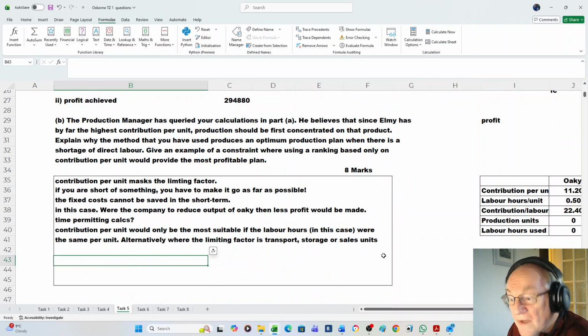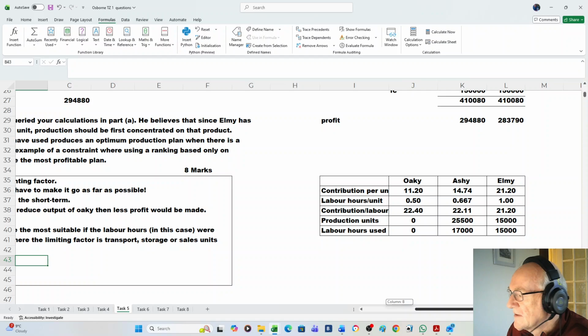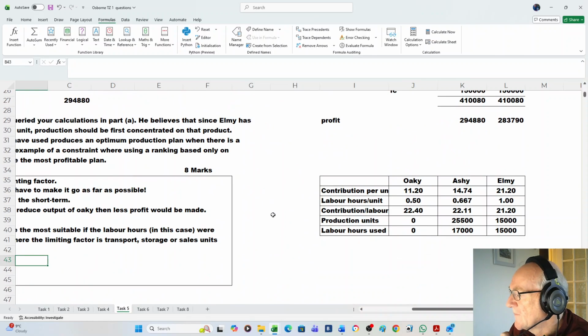And if you want the numbers, let's have a look at how I work that one out. On the numbers, if we did contribution per unit, we would make all of Elmi. That would be the full 15,000 hours, because they're only going to sell 15,000 of them.